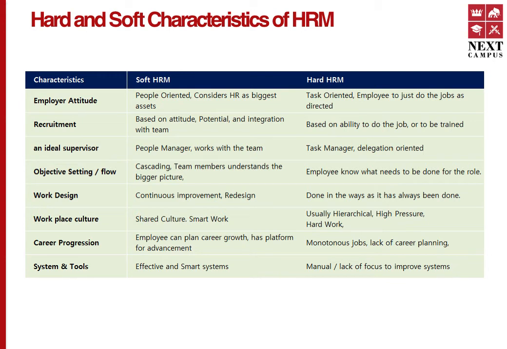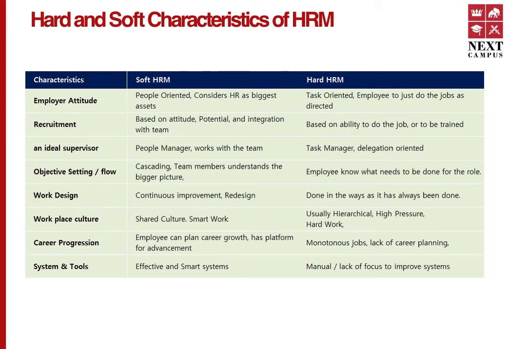In soft HRM, objective setting is cascading. Basically, team members understand the bigger picture. But in hard HRM, employees only know what they need to know in order to do a job. Work design in an organization practicing soft HRM is continuously improving, it's redesigning, it's very flexible.